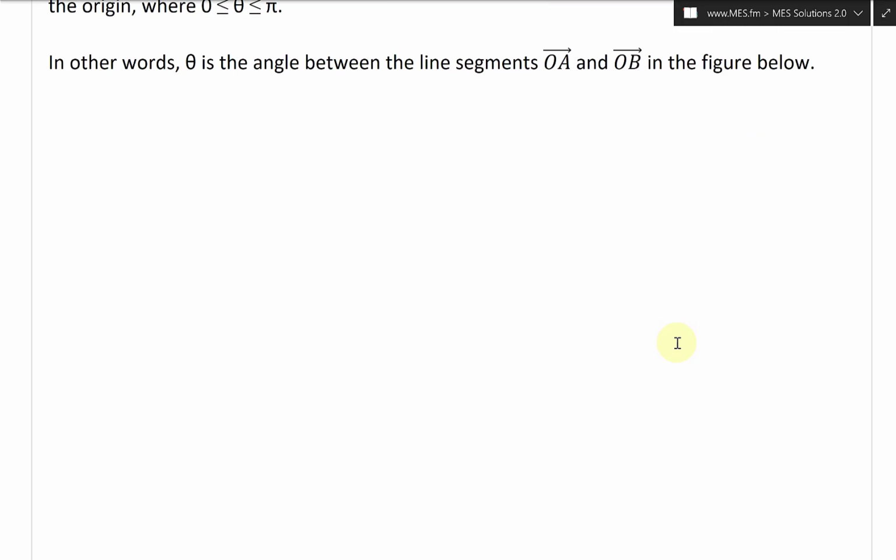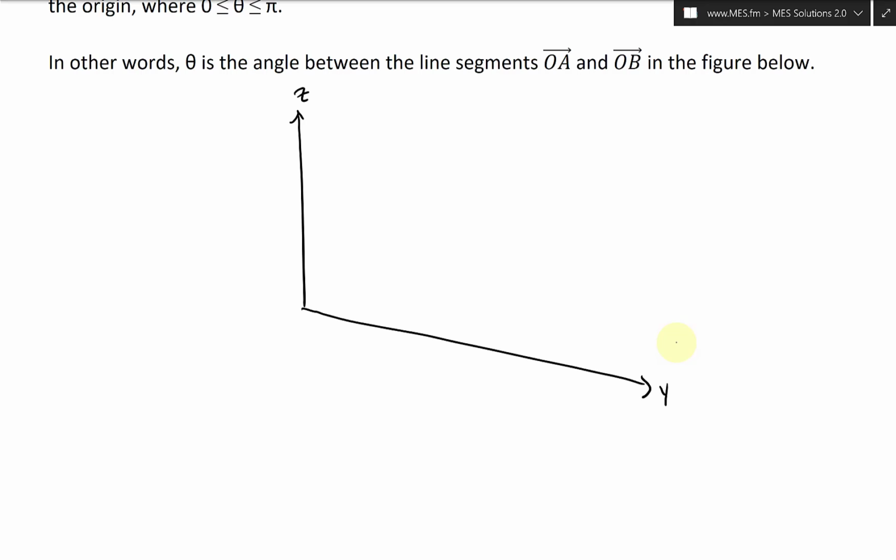So what we'll have is like this. Let's draw this as the z-axis, this is the y-axis, and this is the x-axis. It's the origin. And then this is going to be the B vector.